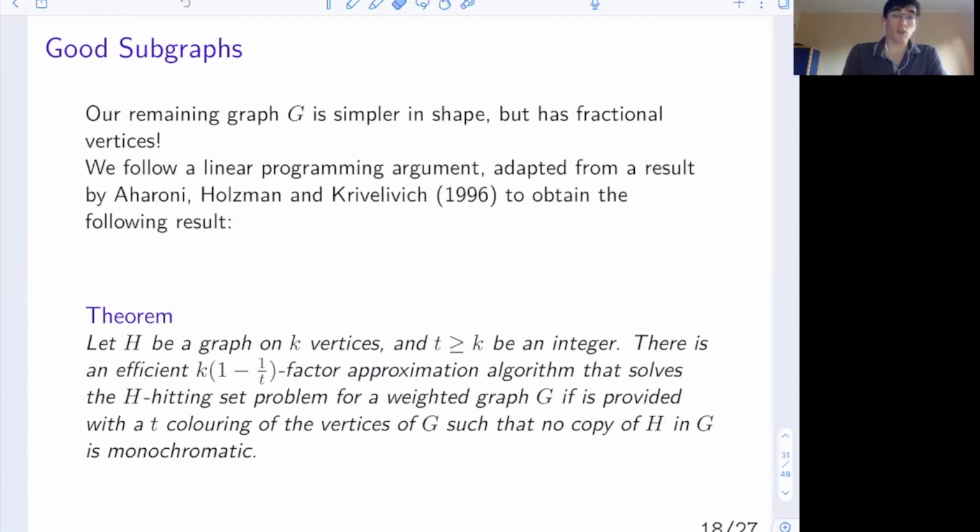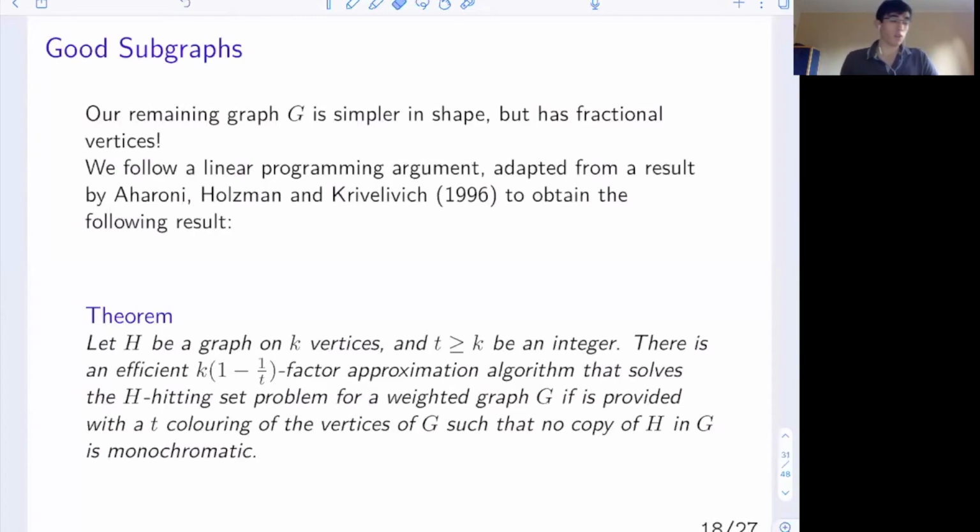For example, a result by Aharoni, Holtzman, and Krivelevich allowed us to come up with the following theorem: let H be a graph on k vertices and t greater than k be an integer. Then we have an efficient k times (1 minus 1 over t) factor approximation algorithm that solves the H hitting problem for a weighted graph G if we can provide a t coloring of the vertices of G such that no copy of H in G is monochromatic.